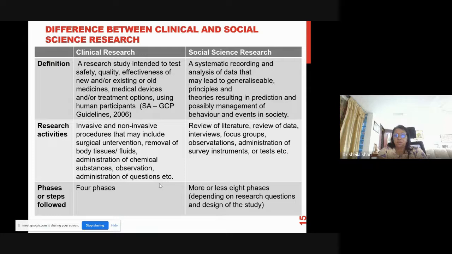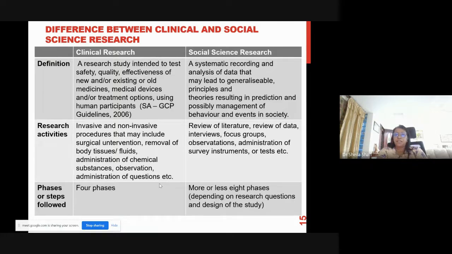Here you will have a systematic recording and analysis of data that may lead to generalization, principles, and theories resulting in prediction. In social science, you can always do prediction of behavior and events in the society.